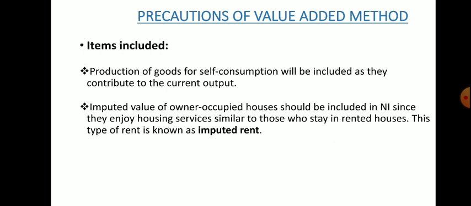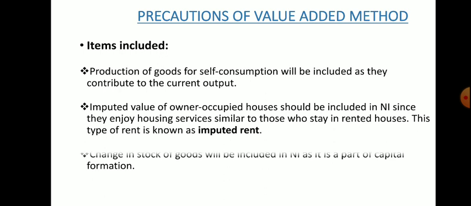Then the imputed value of owner occupied houses should be included in the national income, since owners enjoy housing services similar to those who stay in rented houses. If it is your own house, but you are still getting all the facilities like a rented one, that part also needs to be included.